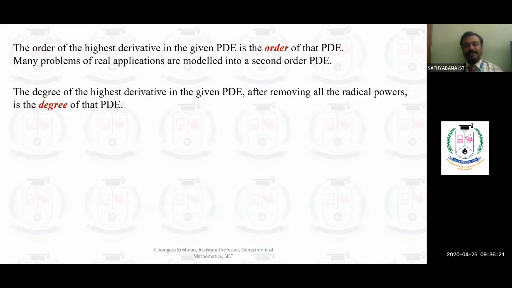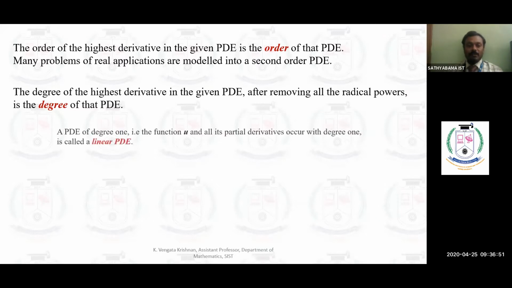Then we have the degree of a PDE. It's the same as we define in an ordinary differential equation. Removing all the radical powers, that is 1/2, 1/3, all those things, we see to it that all the powers are natural numbers. Once the given equation is rewritten such that all the powers are natural numbers, the degree of the highest order derivative will be the degree of the partial differential equation.